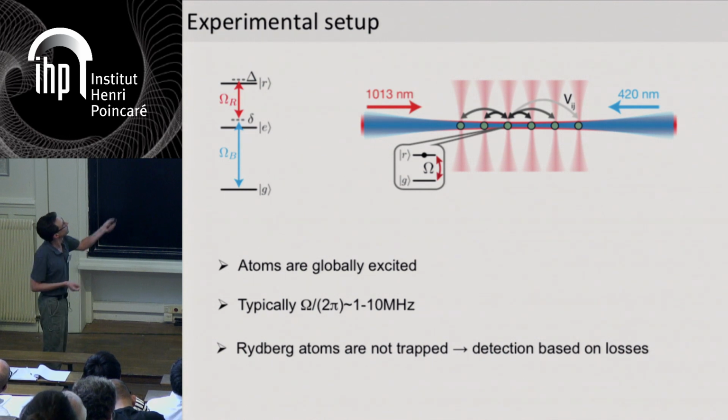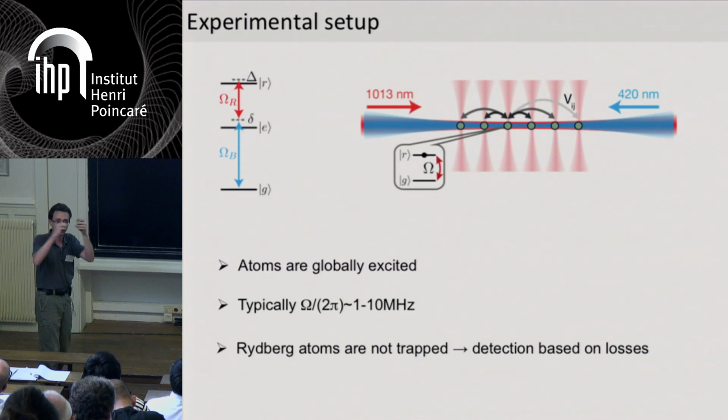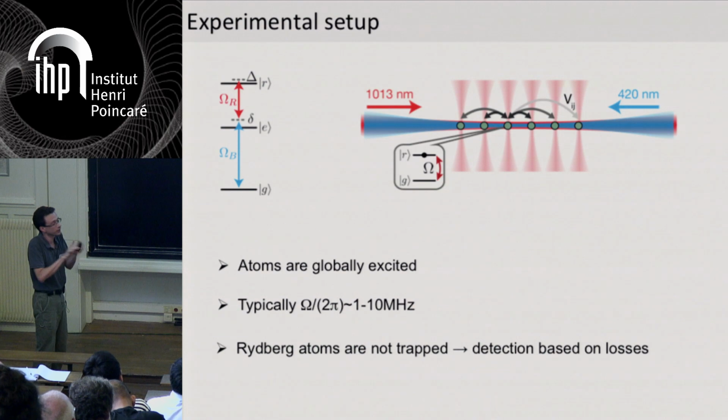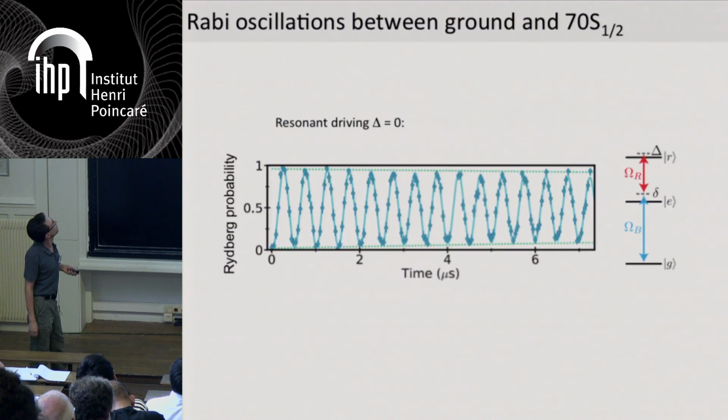Basically, what we do is we first create the array, we turn off the traps, do the physics by shining the Rydberg lasers, and then turn the traps back on. Any missing atom, we attribute to being excited to Rydberg, and then it's not recaptured by the tweezers when we turn the traps back on. So everything happens in a few microseconds.